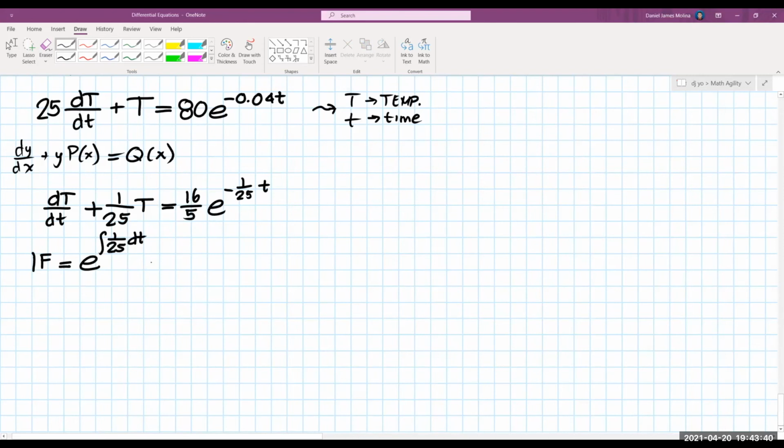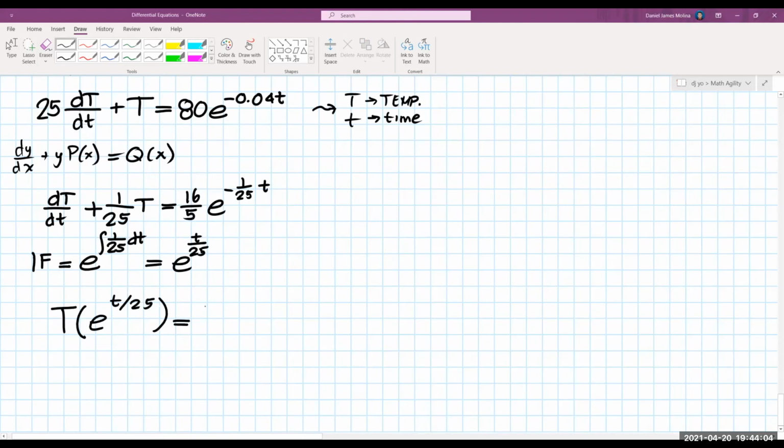So that is equal to e raised to the integral of the exponent, that's simply t over 25. So that will be our integrating factor. Solving for the general solution, we have T times the integrating factor e raised to t over 25.